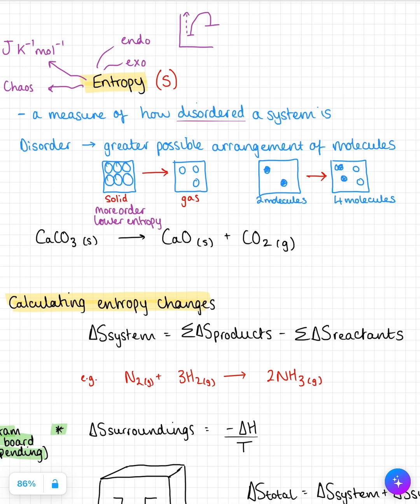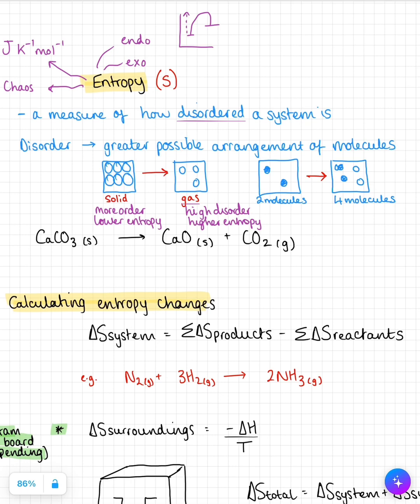Whereas in gases, there is a high measurement of disorder. It's chaotic. These gas molecules can move in random directions at random speeds, therefore having a higher entropy.